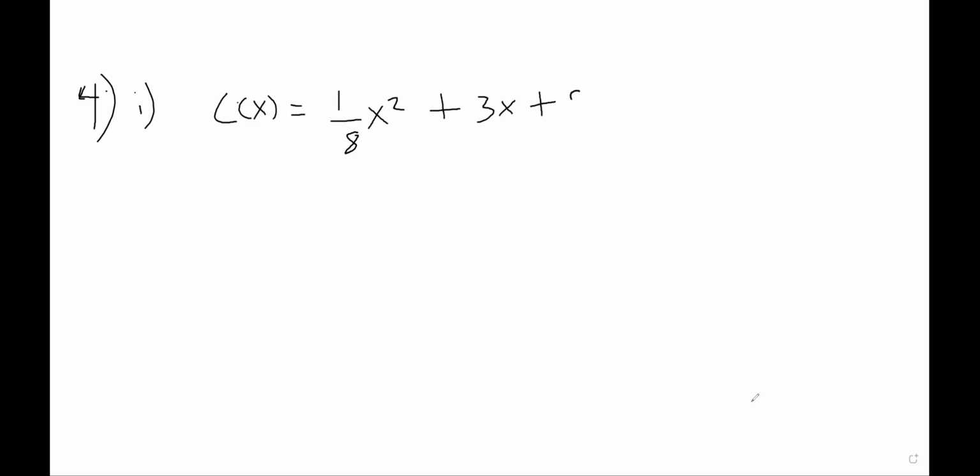So we're gonna write out the function. Question 4, part I. The function given is C(x) equal to 1/8 multiplied by x squared plus 3x plus $98.